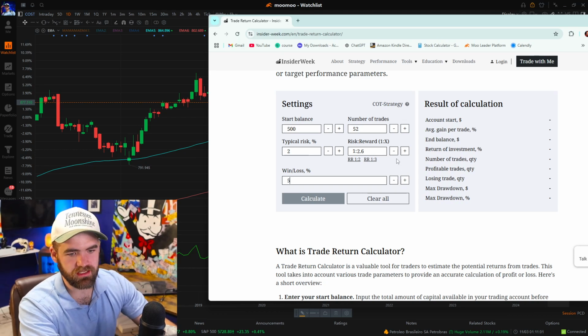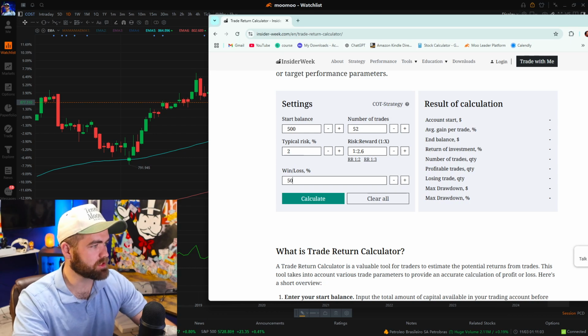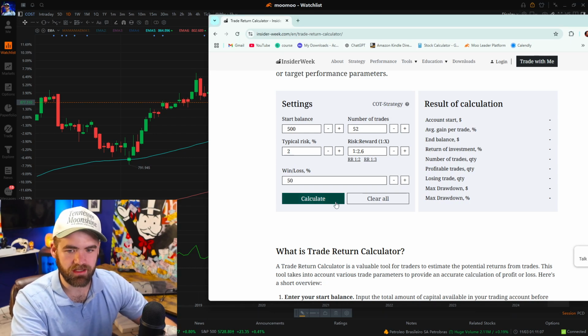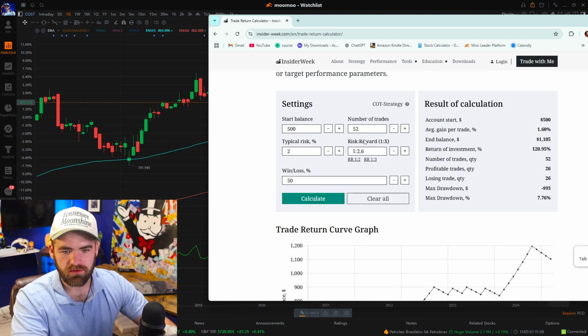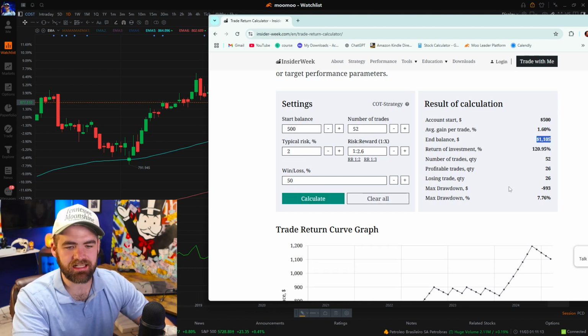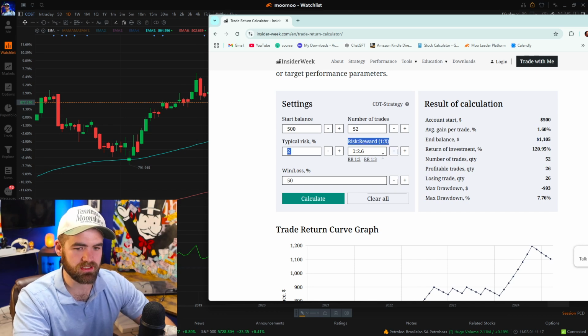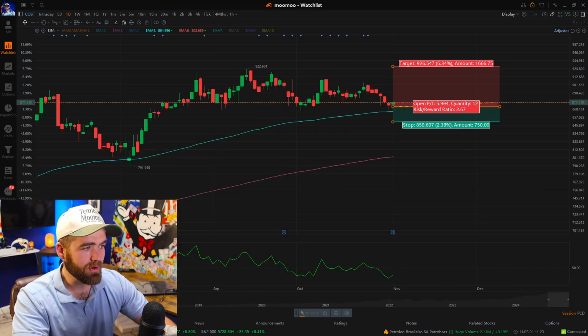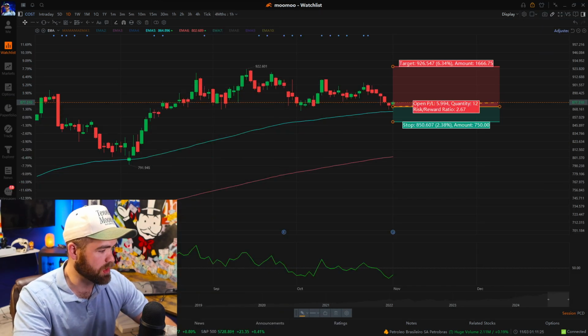Our win-loss percentage, let's just go 50%, because honestly, when you buy a stock, you have a 50-50 chance of making money. Okay, after 52 trades, so 1 year, your account is sitting at $1,100 by having good risk management. So we're risking $1 to make $2.60. That's why having good risk management is so important.